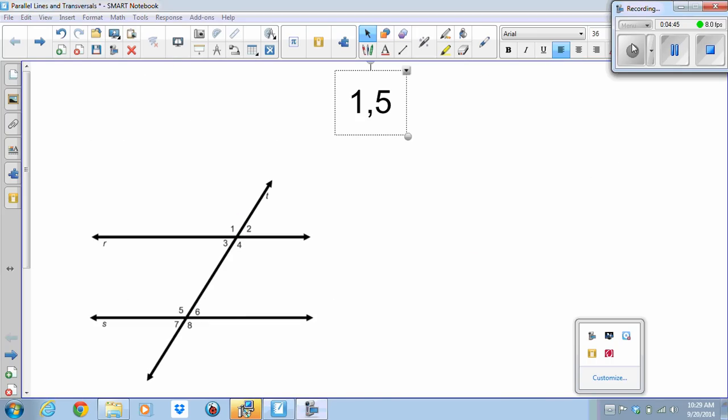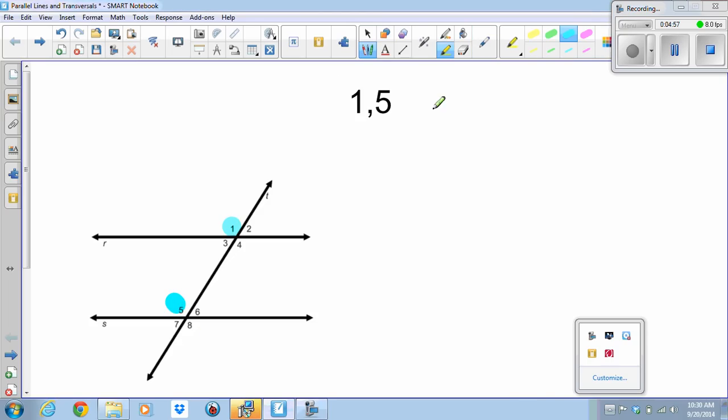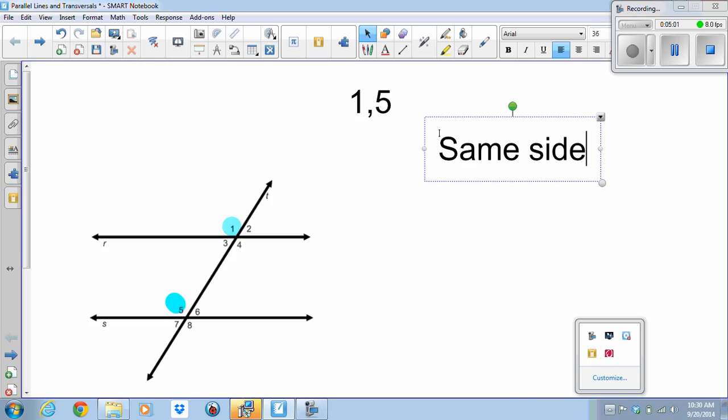Now there are some instances where it doesn't work out that easy. If we talk about angles 1 and 5, they're both on the right, so they're same side. Then we have one interior and one exterior: 5 is on the inside and 1 is on the exterior.